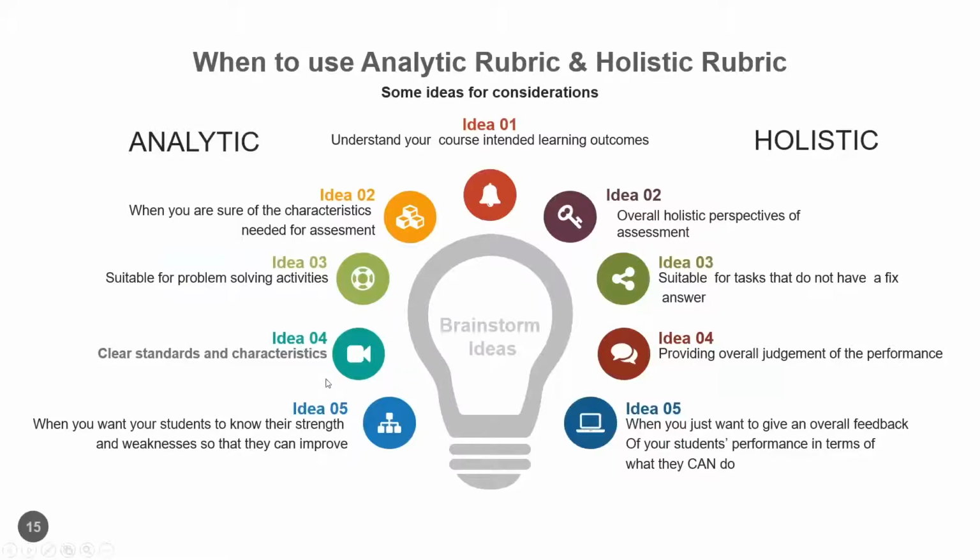If it's a very generic kind of thing, and there are no specific characteristics that you're looking for, you're just giving them an overall perspective of their performance, then holistic will be a good way of providing them the feedback. Because remember, holistic only focuses on what they can do.